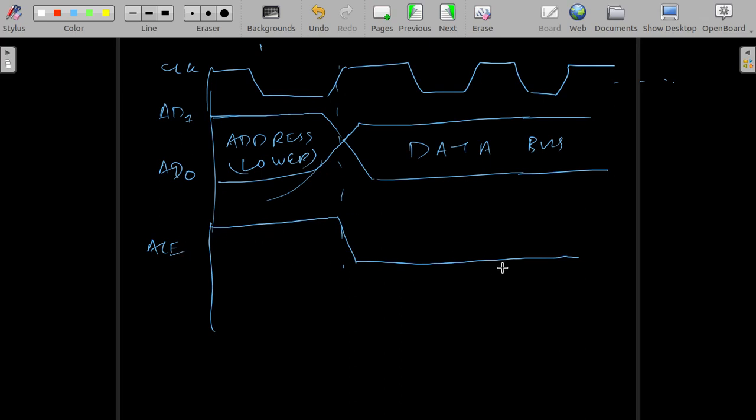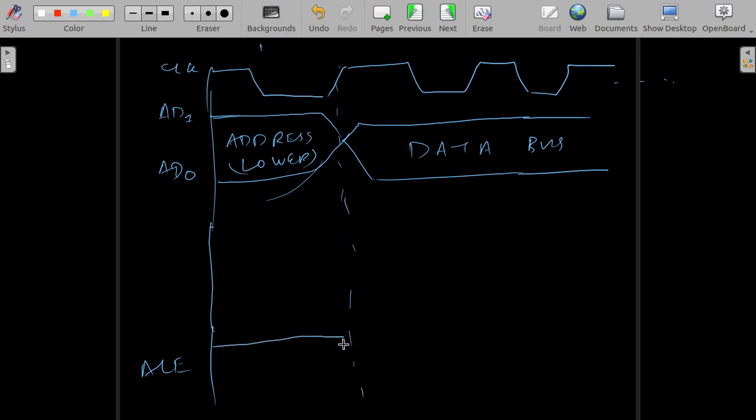This is how this signal changes, right? I'll draw it here. Suppose ALE is 1 here, and after it changes to data bus, it goes like this, becomes 0.